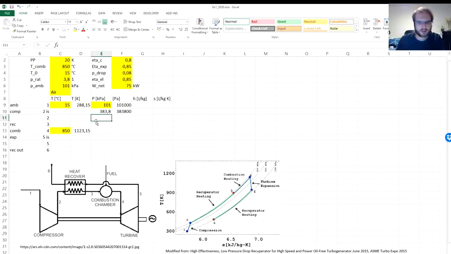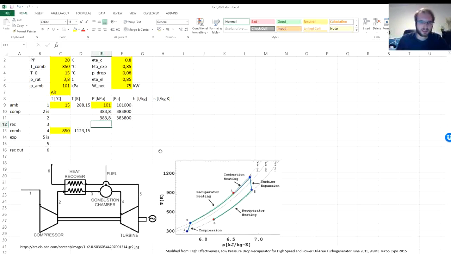And this is the pressure to which we want to get after compression, so it will be the same for the ideal and real case. Now the pressure at point 3 is after the heat exchanger, so normally, if we would assume that there are no pressure drops, it would be the same.